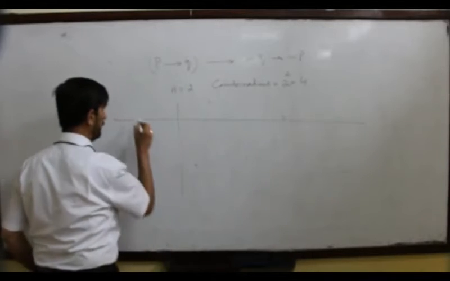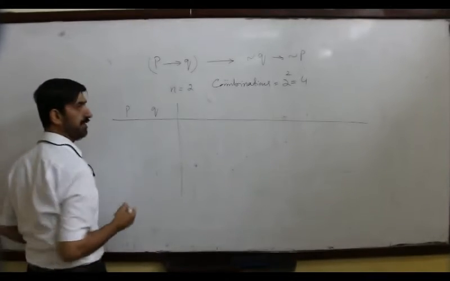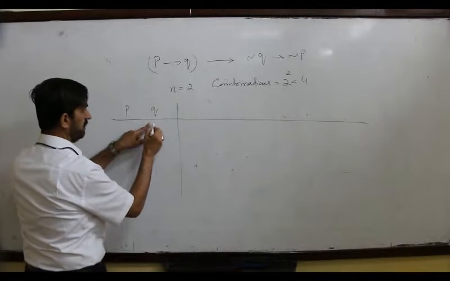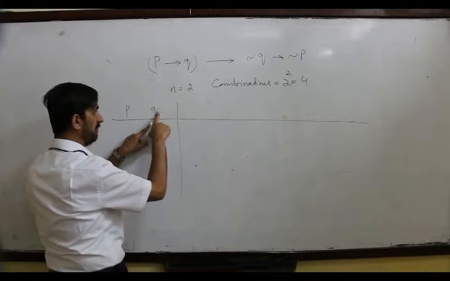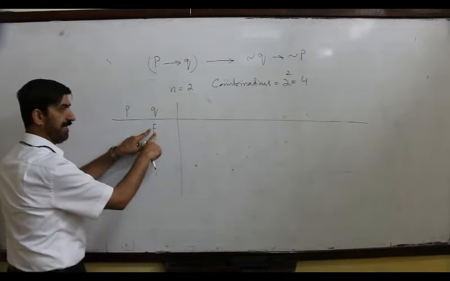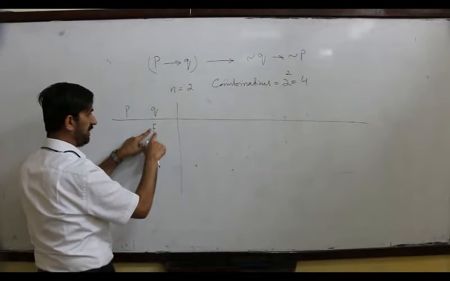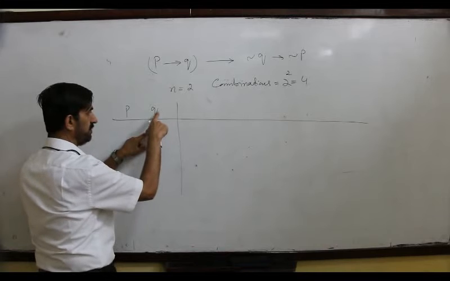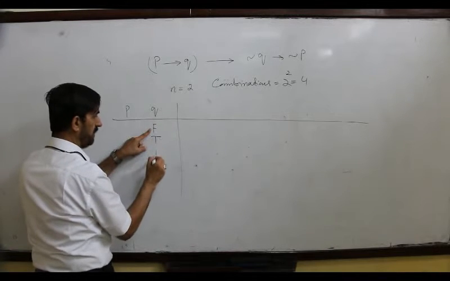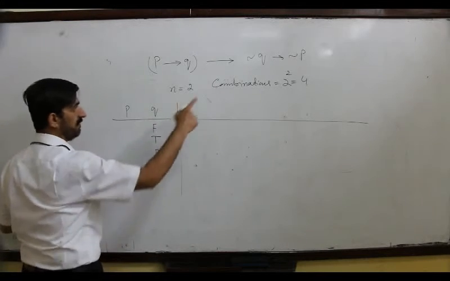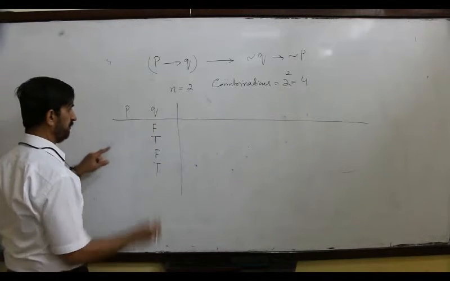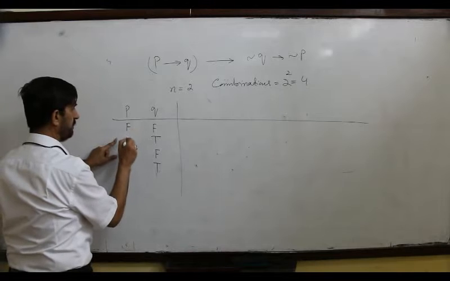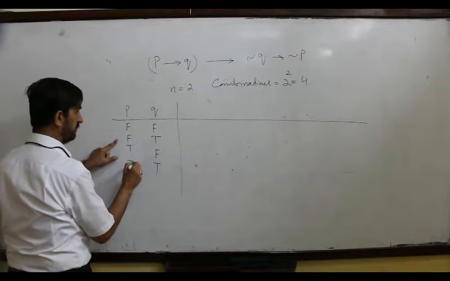First of all, we will take the basic variables P, Q. We will assign the truth values to these variables. For Q we assign false, true, false, true, and for P we take only 4 combinations: false, false, true, true.